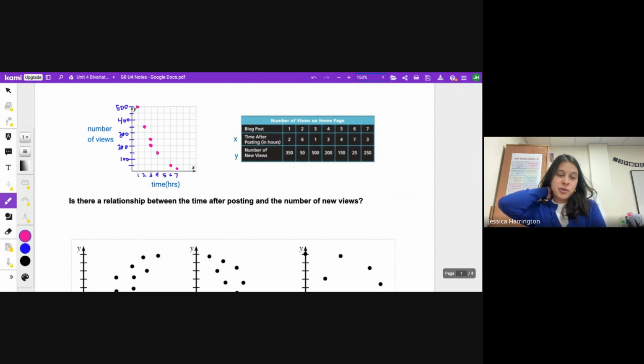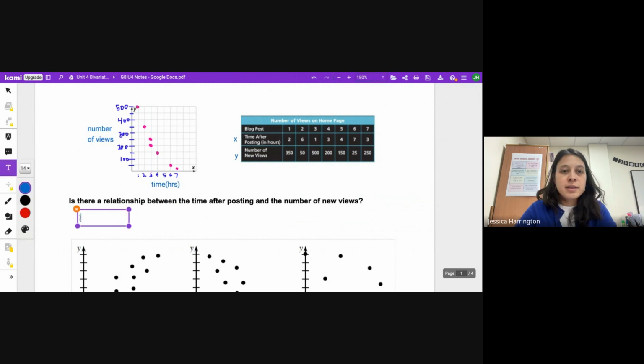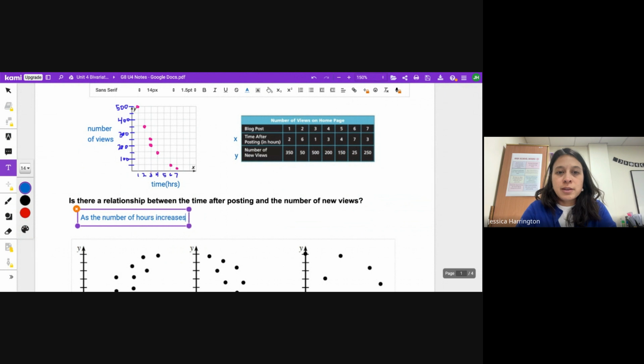So it's asking, is there a relationship? If I look at these dots, you can kind of see they do follow a pattern. They're trending down. If it was a curve or a line, it would have a negative slope. So what I could say is, as the number of hours after posting increases, right?